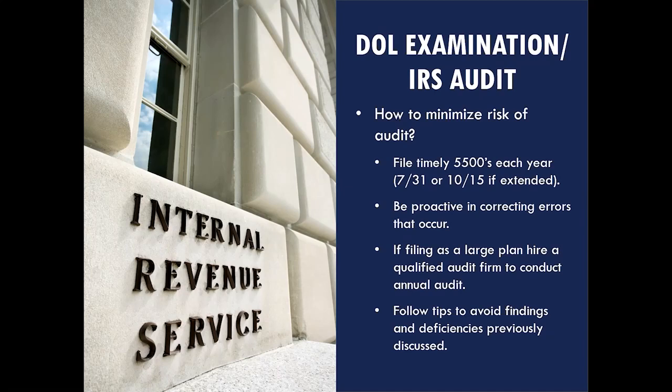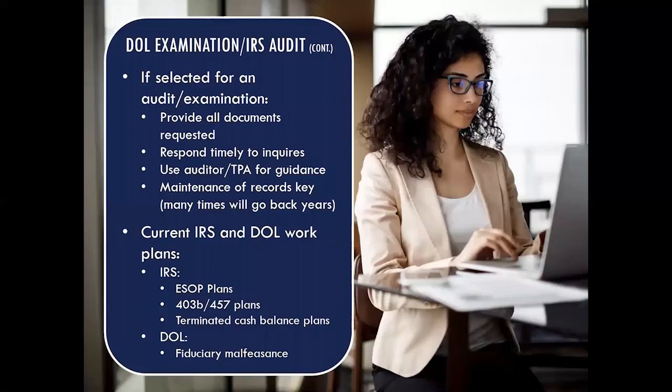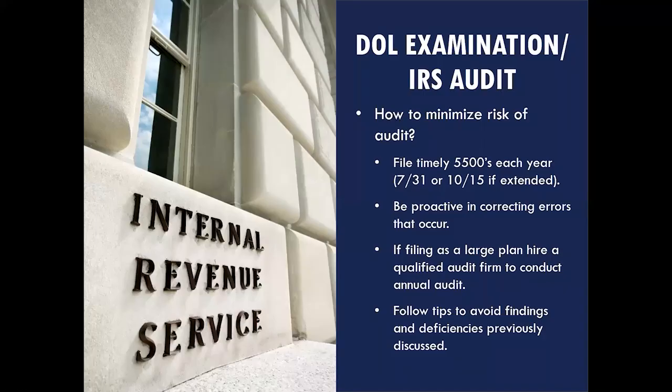And as I mentioned, much of their exams are data driven, so their limited resources lead them to use data mining of 5500s often for determining who's going to be flagged for an audit. But filing timely 5500s by the first or extended deadline is one big way to avoid being flagged by the DOL or IRS for any sort of audit and avoiding any sort of penalties or fines.